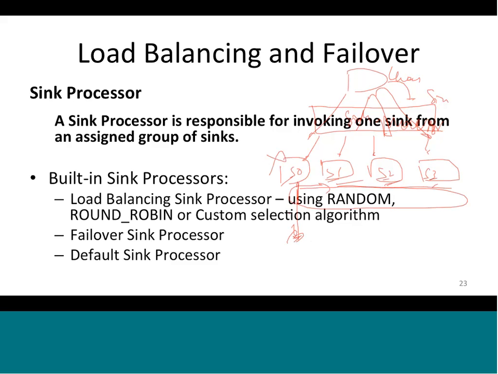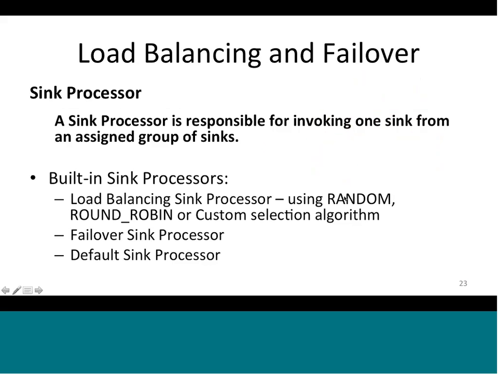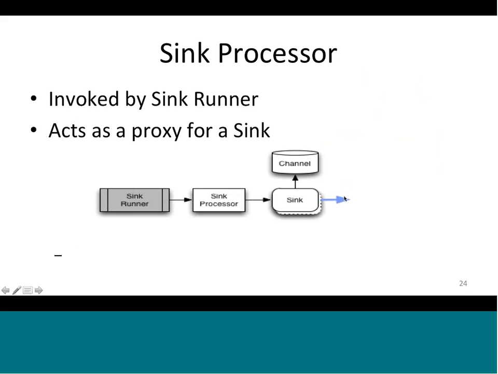So these are the various topologies available for sinks, and the sink processor is sort of a higher concept. A sink processor invoked by a sink runner acts as a proxy for a sink. It's basically a proxy which you put in front of a sink. That's what a sink processor is.